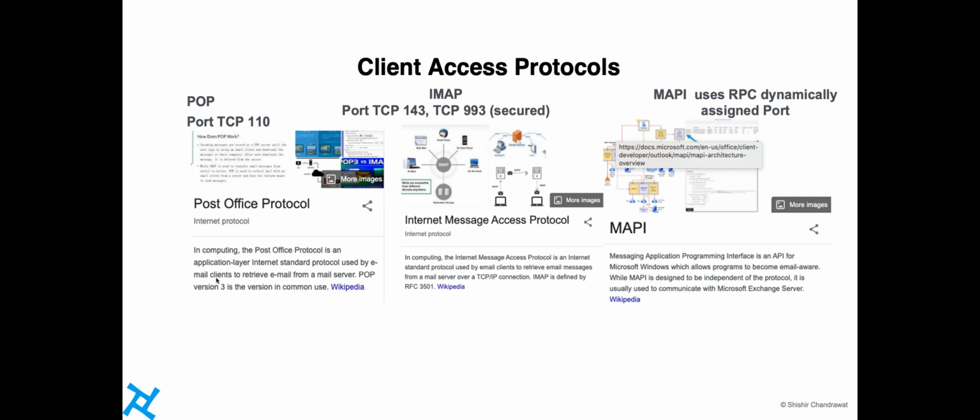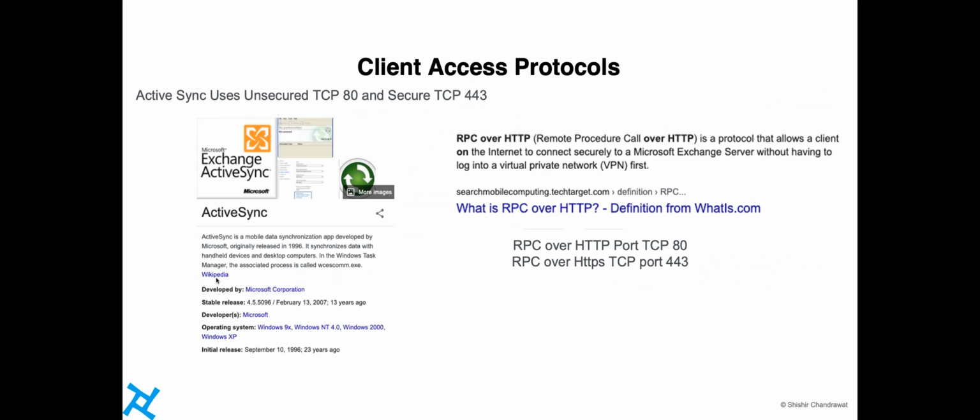POP is ancient, nobody uses it. Whereas MAPI and ActiveSync not only synchronize your email, they also synchronize your contacts, calendars, tasks and a few other things. I'll show it to you when we configure the Outlook client. So that is also a benefit of MAPI and ActiveSync.